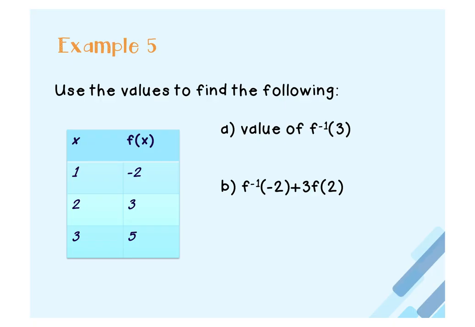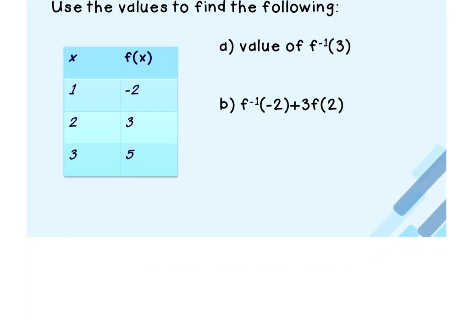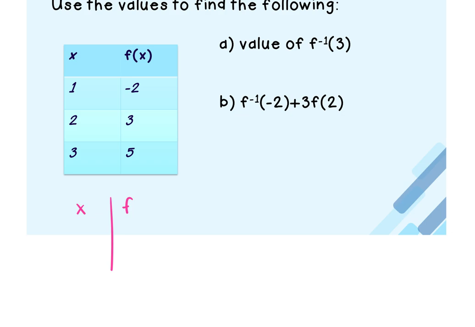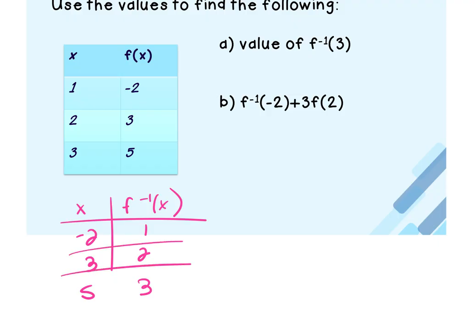So here are two options. One is take this whole chart and rewrite it switched. So if I do that, I create f^-1. So x, f^-1 of x, I'm going to switch them. So -2, 3, 5, 1, 2, 3. Now, anytime I want to use my f^-1s, I'm going to use the pink chart I just wrote.